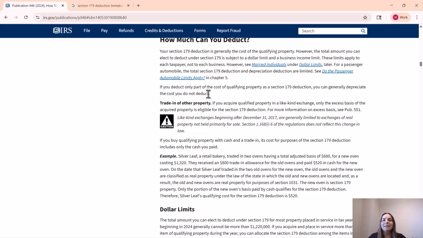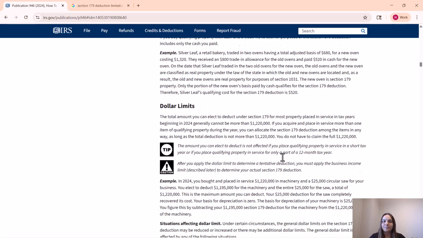Okay. Now there are limits on the total amount that you can deduct. There is a dollar limit for the total Section 179 deduction and the value of assets that you put in place. And then there's also a business income limit. So let me explain the dollar limit first, and then I'm going to go over the business income limit.